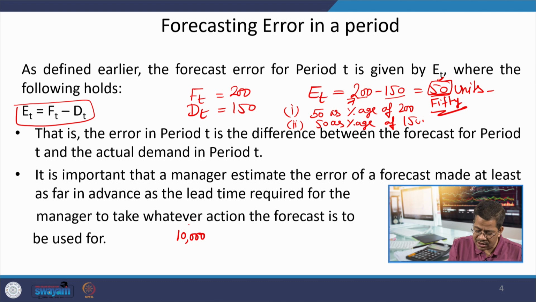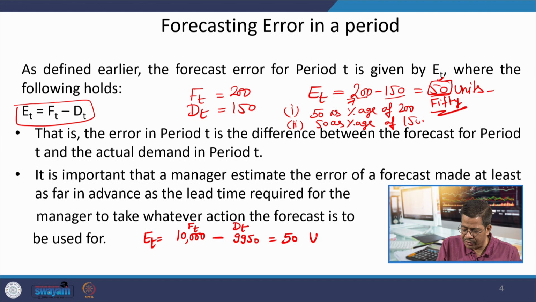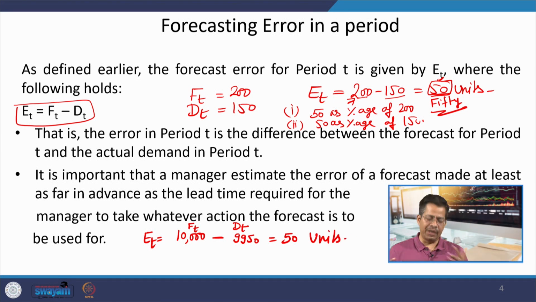Demand forecast was 10,000, but actual demand came out to be 9,950. In this case also, my forecasting error is 50 units. So, if two of us are sitting together, one manager says, sir, my forecasting error is 50 units. Another manager also says, my forecasting error is 50 units.